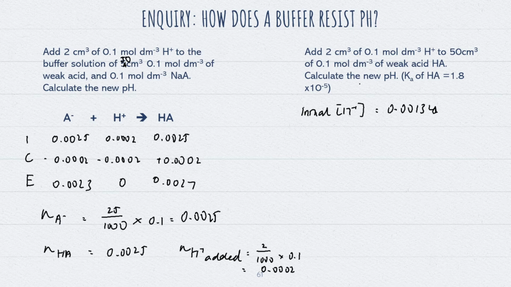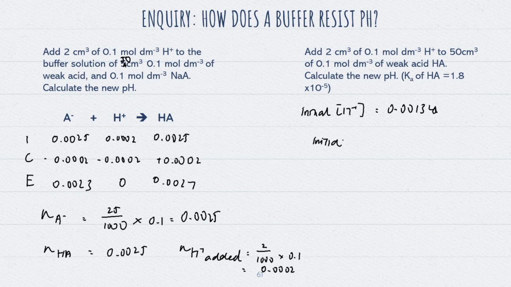So in order to calculate the new pH, all we need to do is calculate the total number of moles of H plus contributed by both the weak acid as well as this newly added small amount of strong acid. Okay, so let's count the initial moles first.